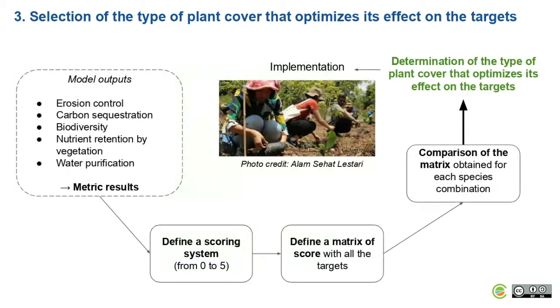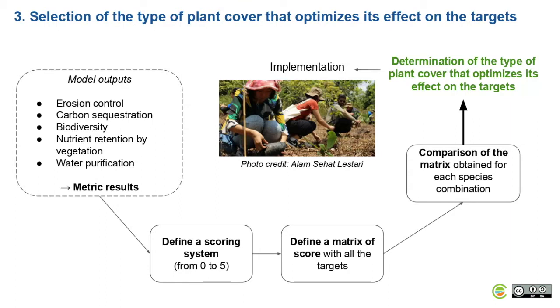So these model outputs would be metric results because it's a quantitative study. For example, erosion can be expressed as gram per meter square. And we would like to compare the different results on each of the services between them, so with the same scale. So to do so, we could define a scoring system, for example, from 0 to 5, and we would convert the result for each ecosystem service into a score.